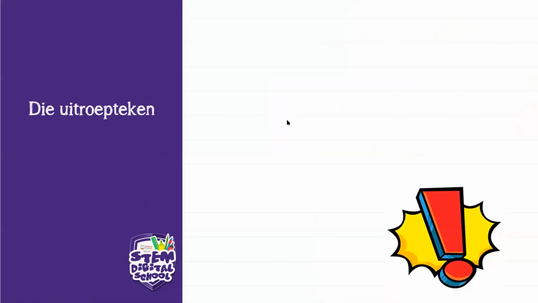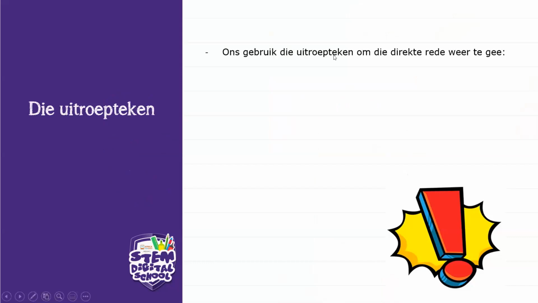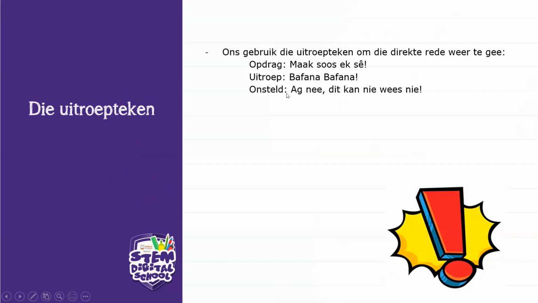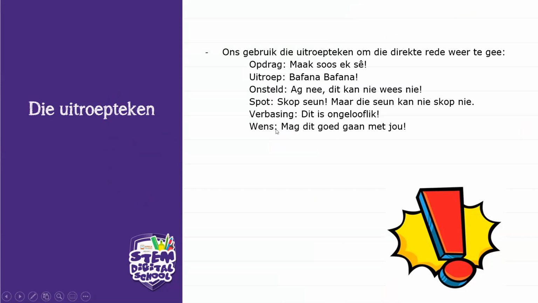So remember, I said to you yesterday that I'm recapping the uitroepteken, that we usually use it when we direct words. For instance, when we give an order to somebody, an uitroep, then also when we are ontsteld or sad, wanneer ons spot, when we tease somebody, and when we are surprised by something.